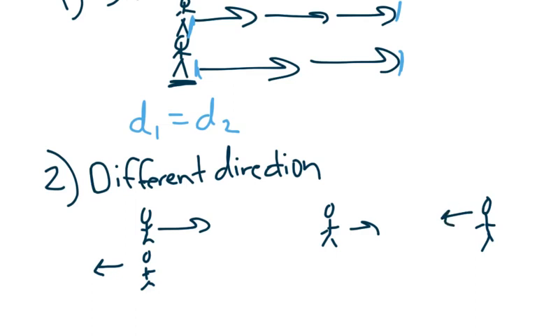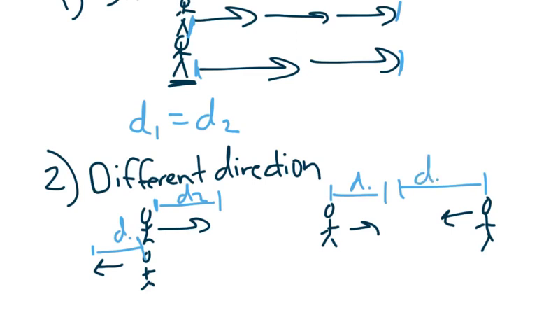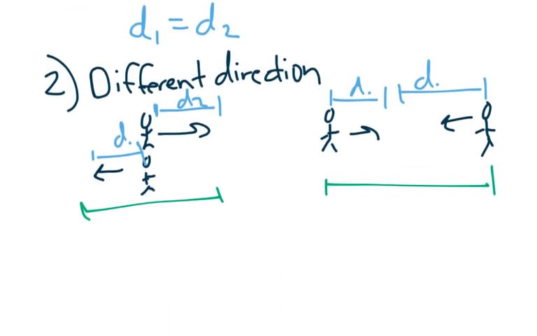Now, what usually is going to happen is we're going to ask, how far are they after 2 hours, after 10 minutes, after 5 seconds, whatever it is, or how long will it take them to meet up. So what we're looking at here is the sum of their two distances. And so what we're looking at is D1 and D2, and what does that look like when they're together and added up? So if we're dealing with different direction, we're going to use D1 plus D2 equals total distance.